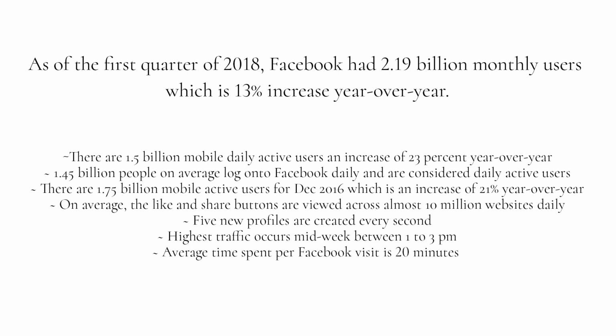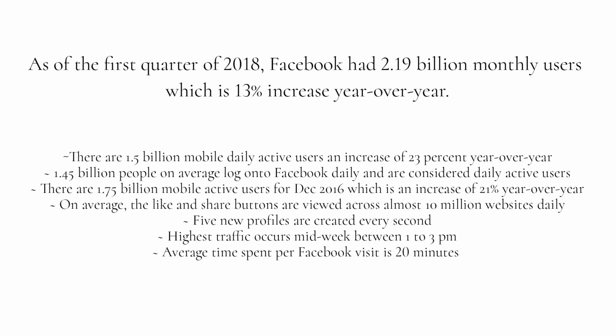There's also 1.45 billion people on average logging onto Facebook daily who are considered daily active users. There are 1.7 billion mobile active users as of December 2016, which is also an increase of 21% year over year.